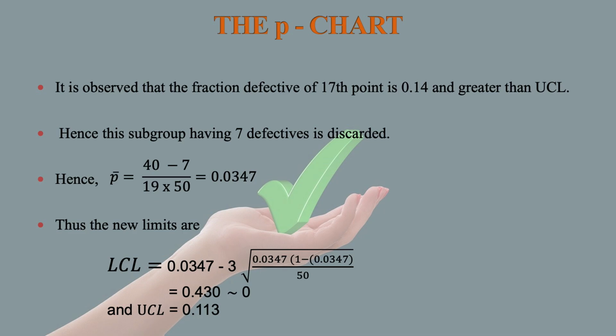So you have to discard the 17th sample and you have to remove the 7 defectives from the total number of defectives. So you have to recalculate after leaving that particular sample.